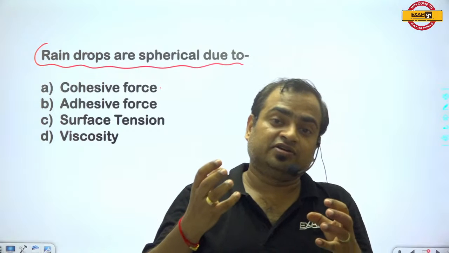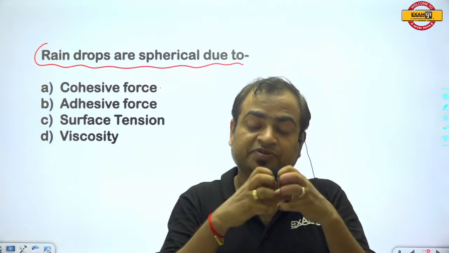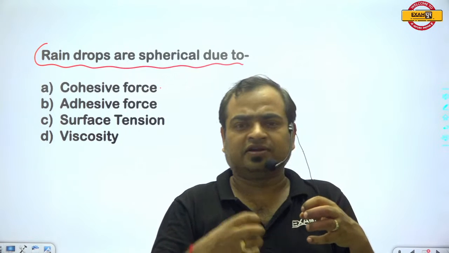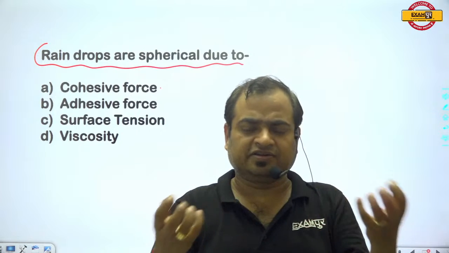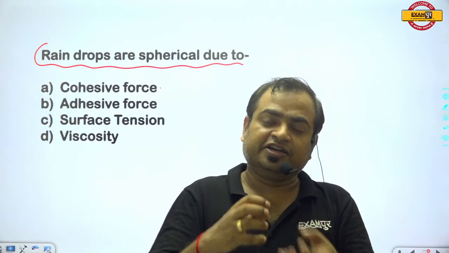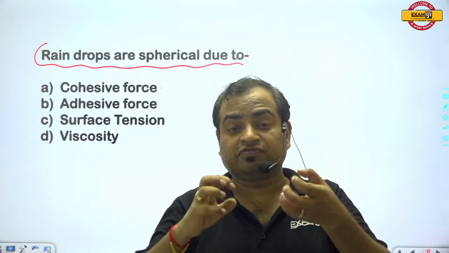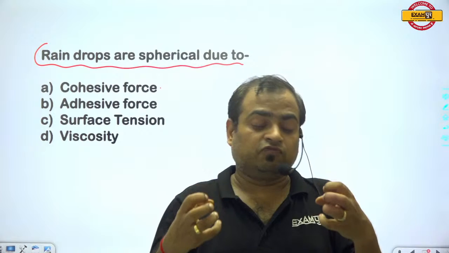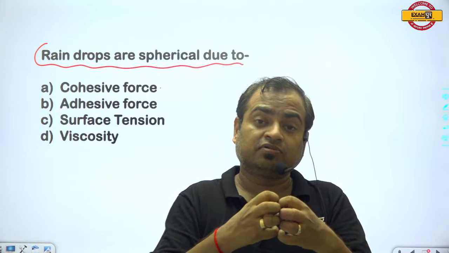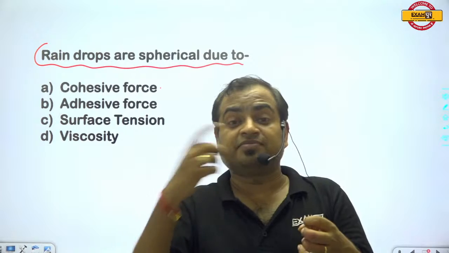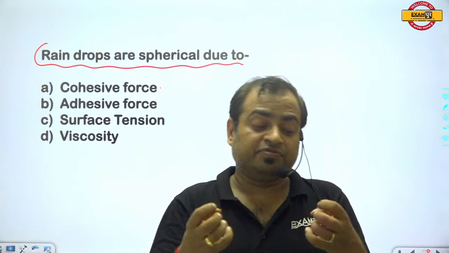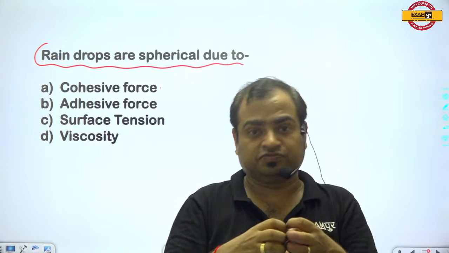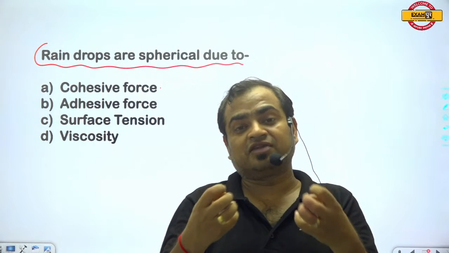But in chemistry, the attraction force between the same material molecules is known by different names, depending on what kind of molecules they are. Just like when water molecules attract each other, this attraction force in chemistry is known as hydrogen bonding. But we will call it cohesive force, because these are the same material molecules.